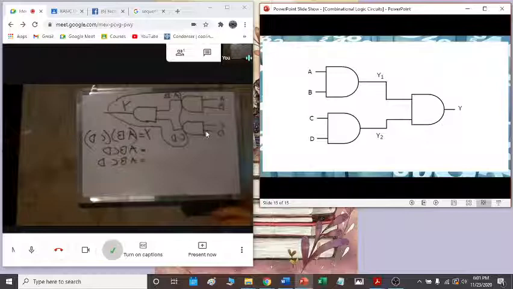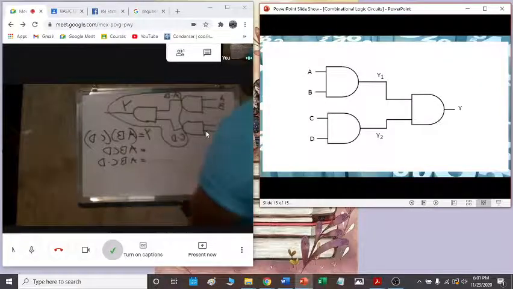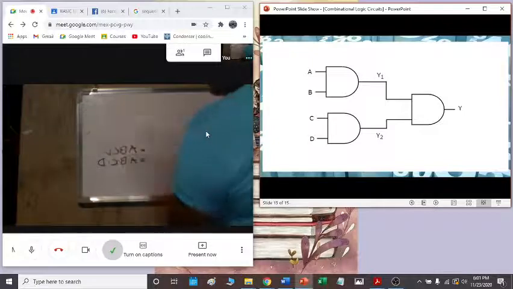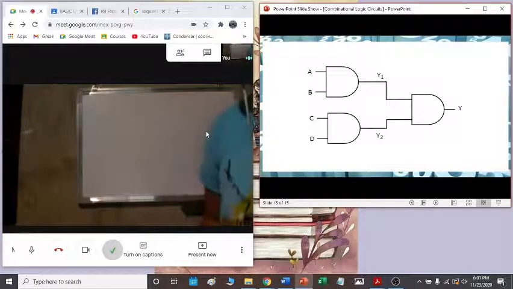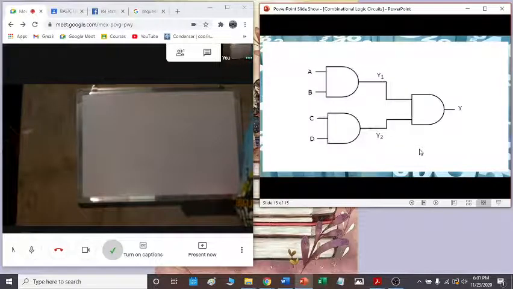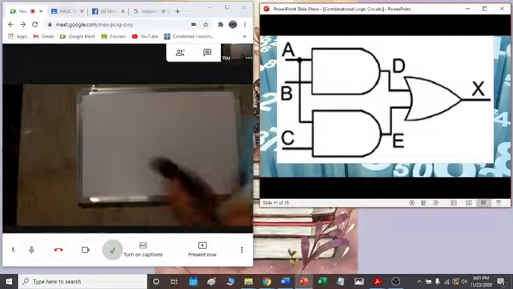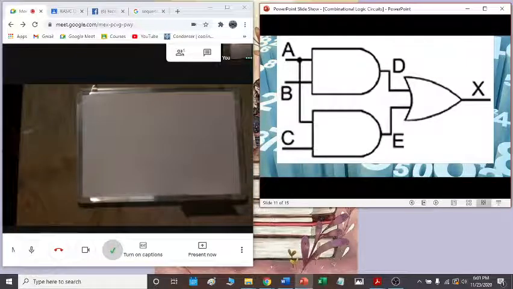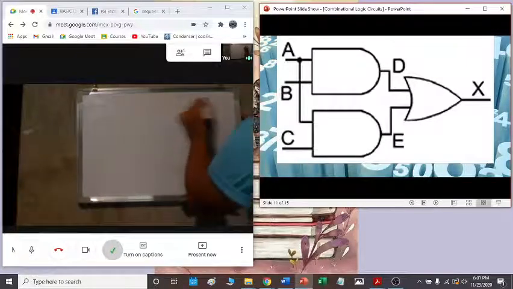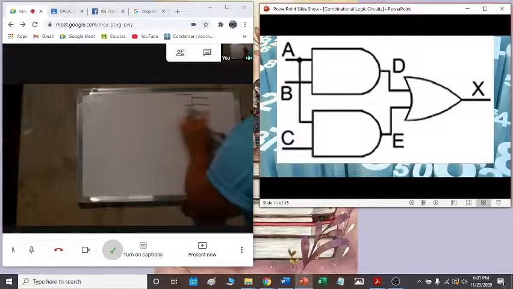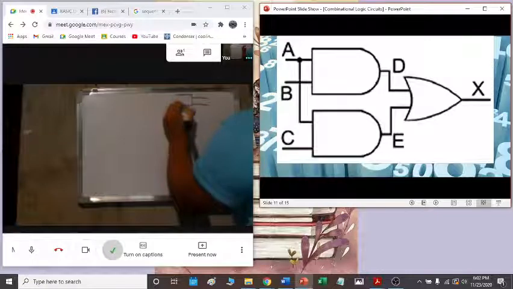So how do we get the Boolean expression for our first problem? Okay, so let's go back to our first problem, which has three inputs. So what we have is 2 AND gates and an output from an OR gate.